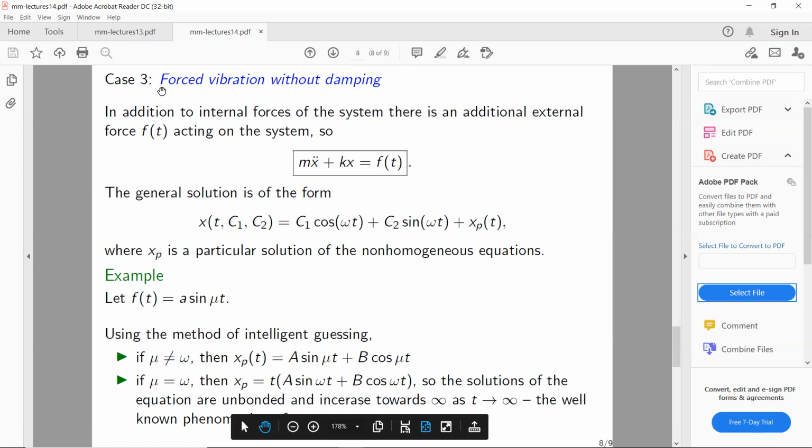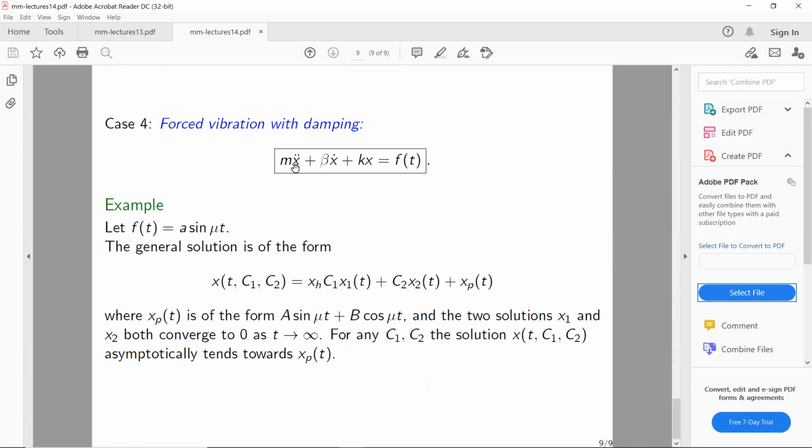Okay, and the fourth case, which we are not going to work out in detail, is when we have forced vibration with damping. So we have both damping and force. So then the differential equation is that one. And it turns out that in this case, for example, if we take, again, the same function as before, a times sine mu t, then this damping factor would prevent resonance from happening.